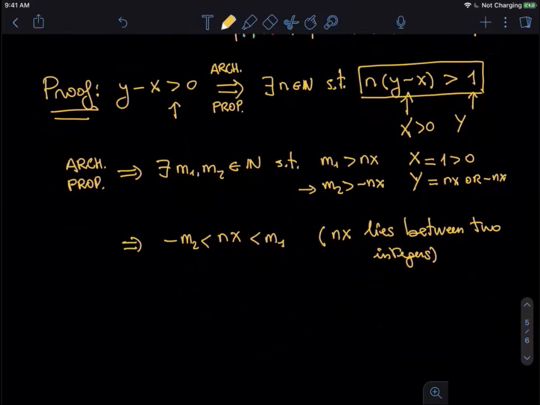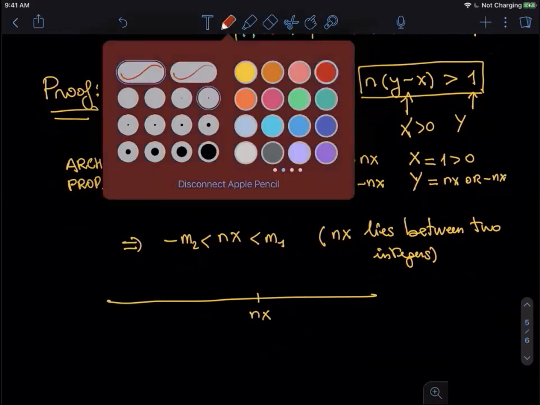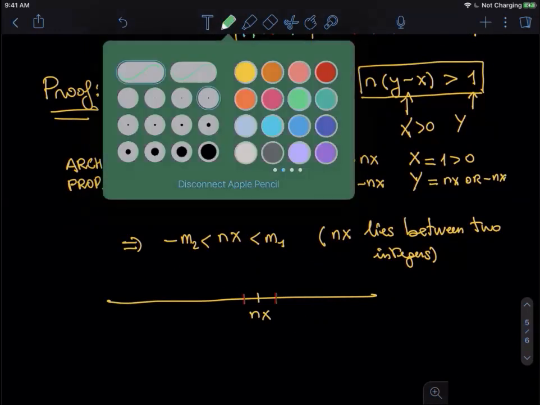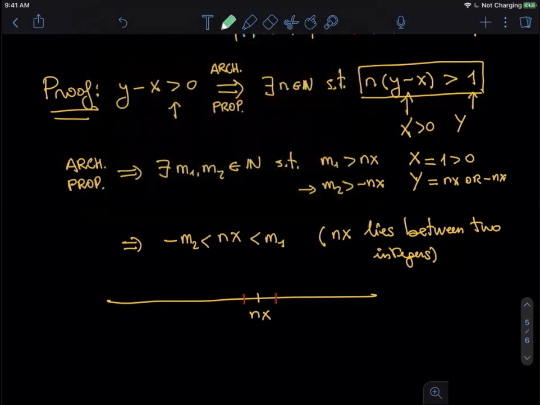The picture we have in mind would be something like this, a tight bound. What we are saying here is actually more like, this is 0, and nx is somewhere in between negative m2 and m1. It lies between two integers, but the bound is not tight. So the next thing we can do is tighten the bound.